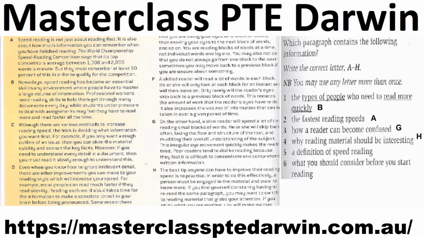If we go, you see the first paragraph clearly defines that speed reading is not just about reading fast. It is also about how much information you can remember when you have finished reading. So they talked about what is actually speed reading. So it's number A again. So you see we are using option A twice.